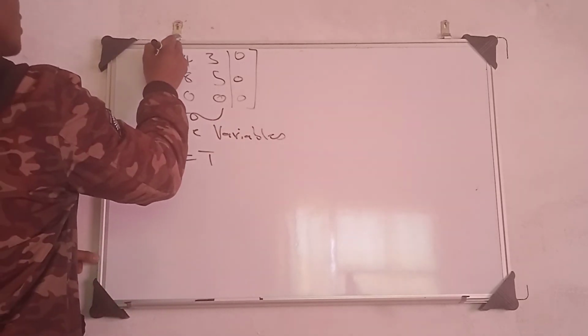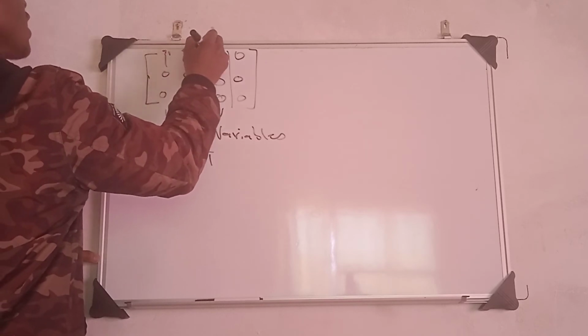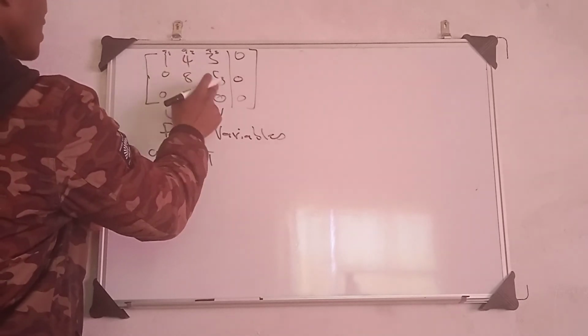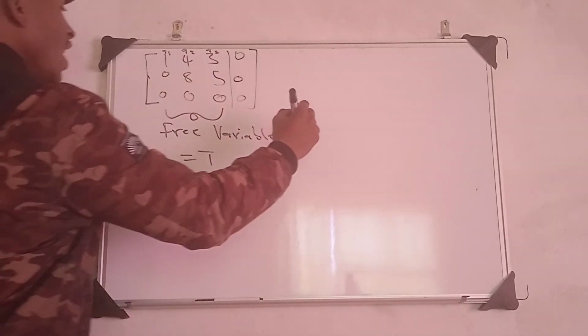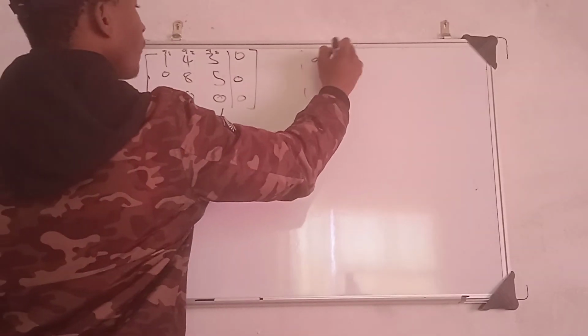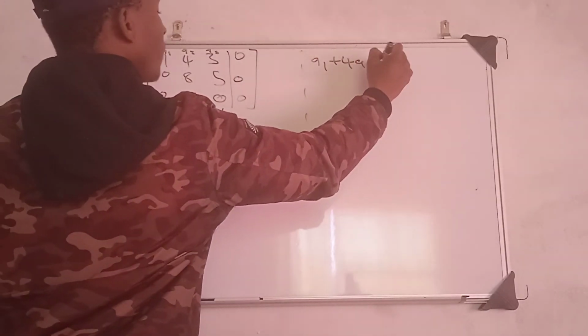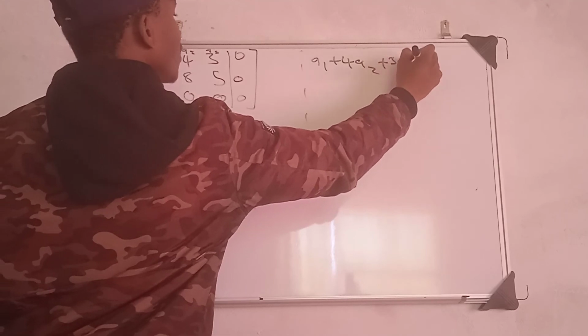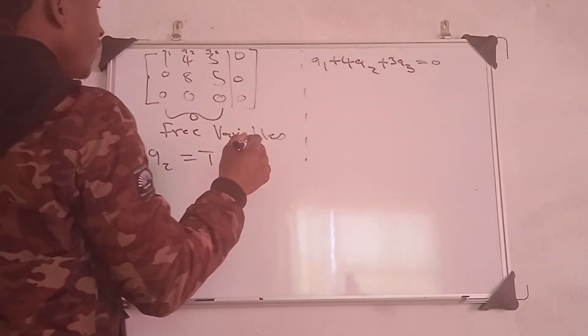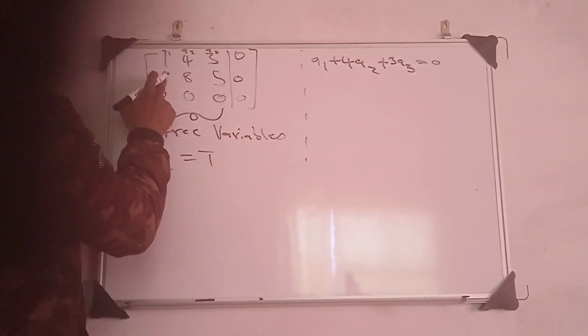But remember, this is a1 here, a2 here, and then a3. So if we write these equations, we are having a1 plus 4a2 plus 3a3 equals to 0.